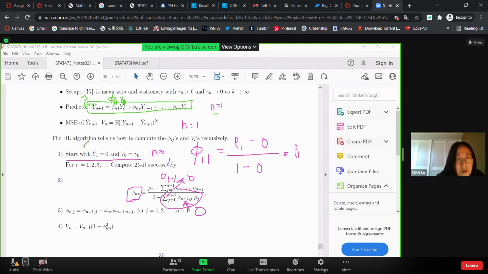So we start with n equals 0, we don't have any data, we use the process mean, process variance, right? When n equals 1 means you have only one observation, so you have only y1. So in here, your y2 hat, or y(1+1) hat, so that's y2 hat, a linear predictor, is just phi11 times y1.